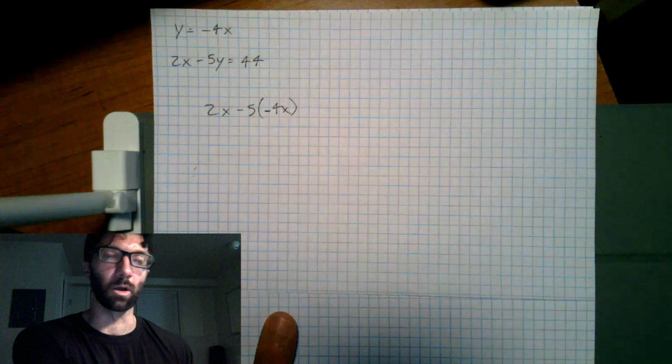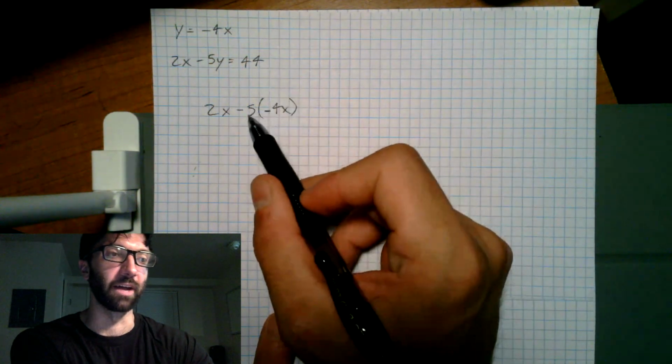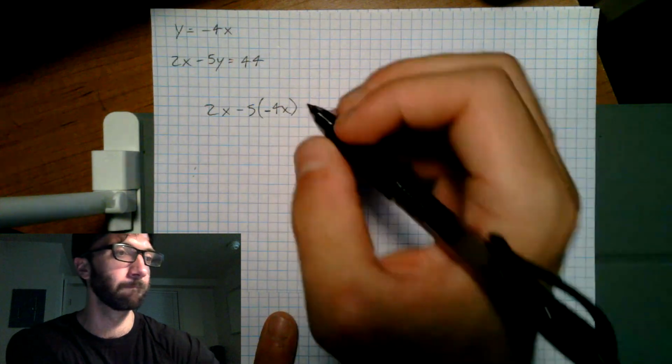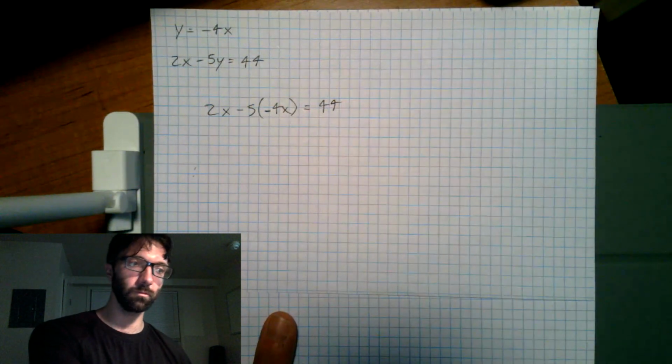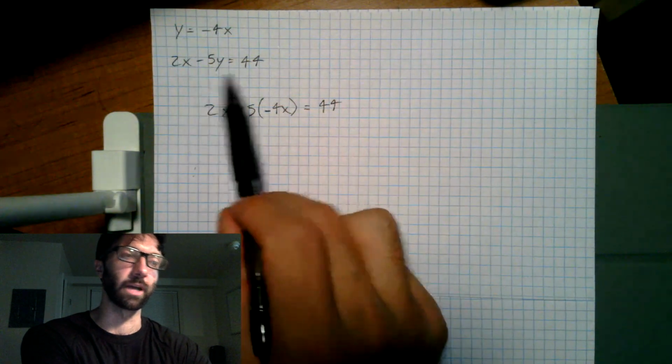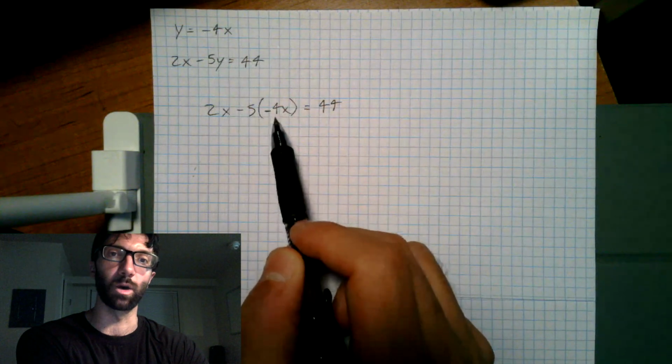Okay, now this needs to go in parentheses because I'm multiplying the 5 by that entire expression, and that equals 44. Okay, so again, I just recopied this equation down, but I substituted the negative 4x in for y.